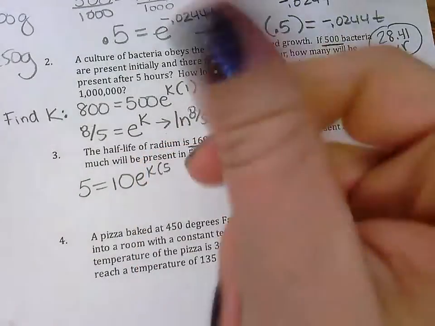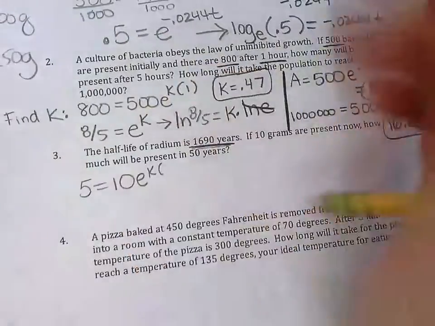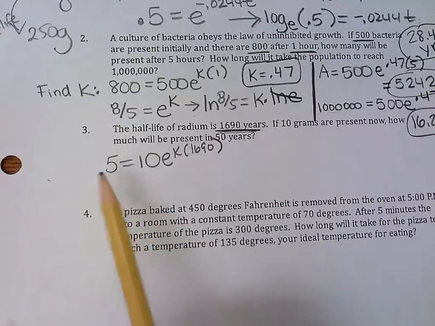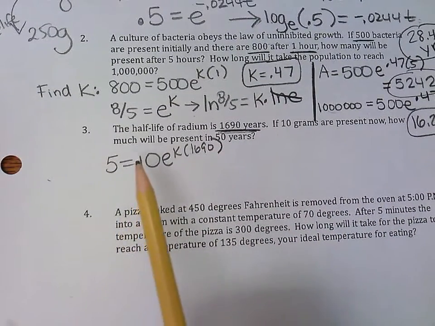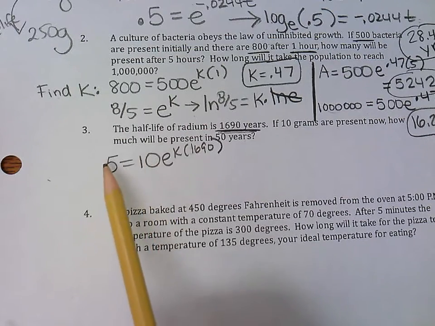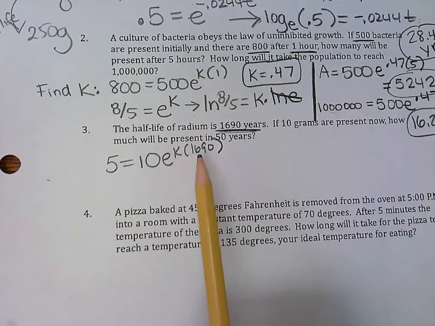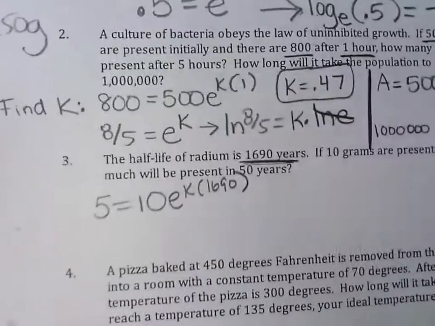What is it, 1690? So you're picking an arbitrary amount that's exactly half of what you started with to solve for K, because they're telling you that 1,690 is the half-life.